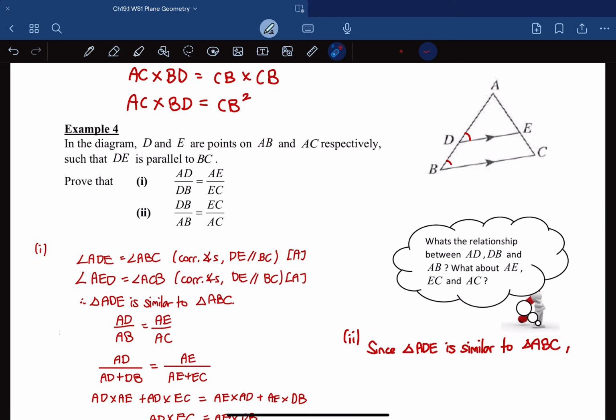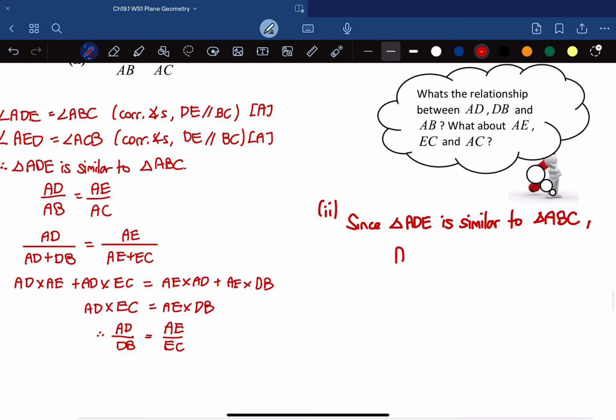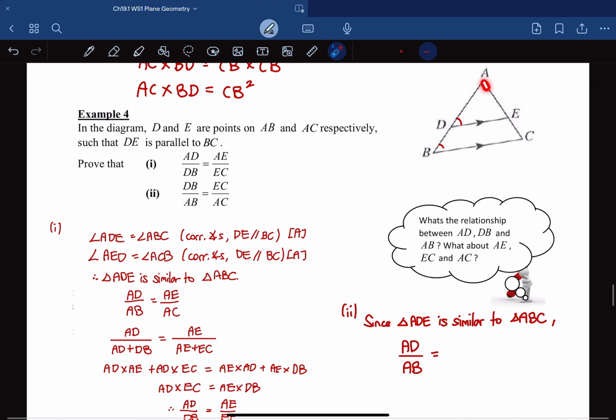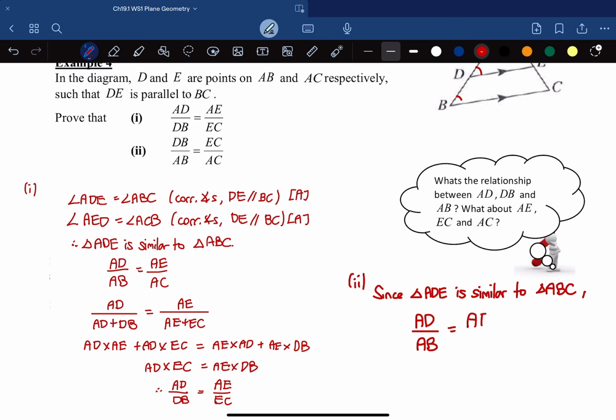So I start by saying AD over AB is equal to, from this triangle, AE over AC. That's the first thing I can write.